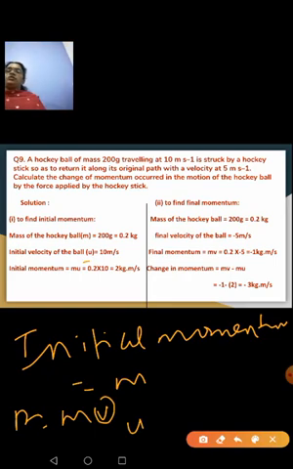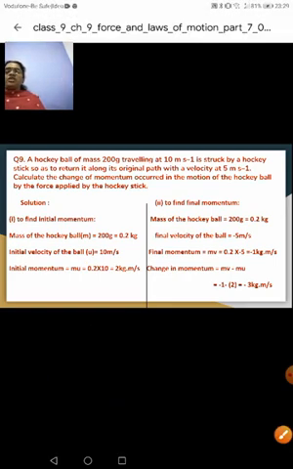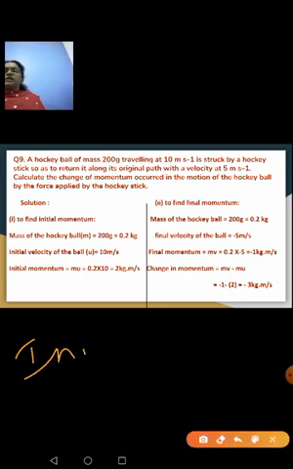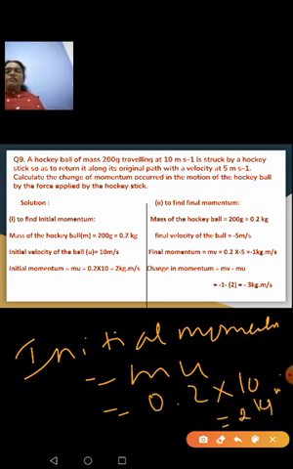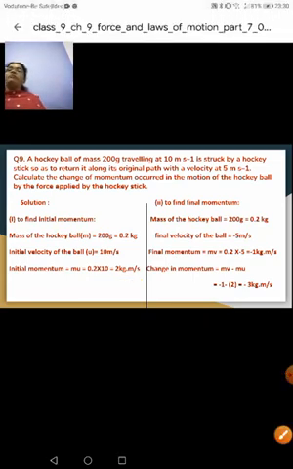So mu, my m is 0.2 into 10 meter per second. So 0.2 into 10 will give me 2 as the answer. 2 kilogram meter per second. Right? That is the answer for initial momentum. Now I have to calculate final momentum.